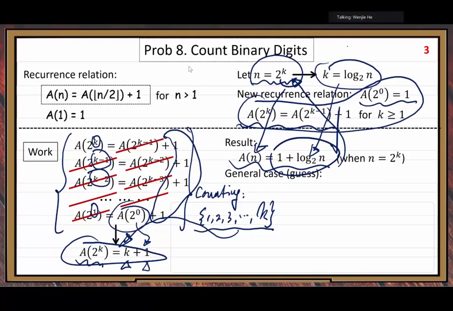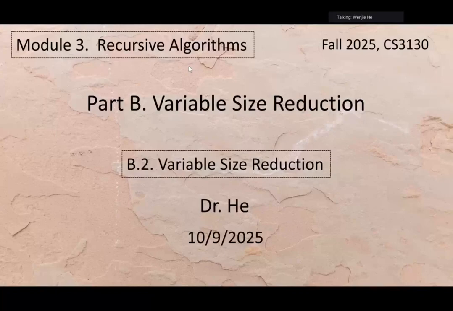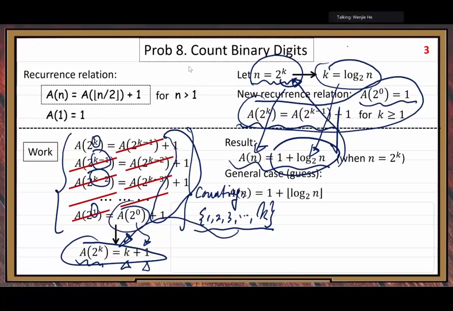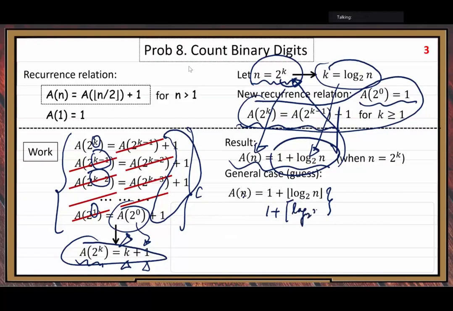Good. So let's write it out. We have two possible guesses. The second one is the ceiling function. But which one should we pick?